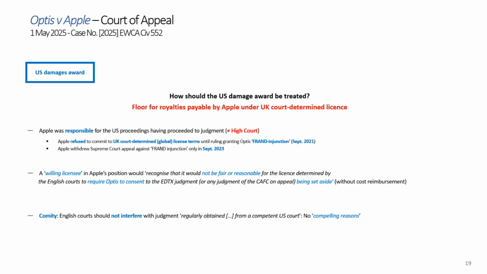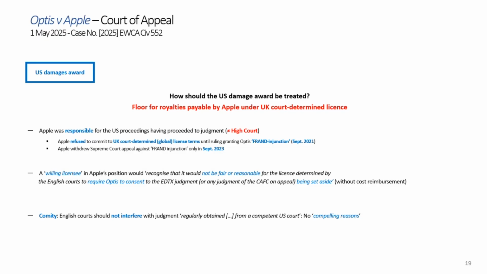This was almost 2.5 years after the proceeding started. And not only that, it had appealed against this decision and had basically kept its options open until it withdrew the appeal against the FRAND injunction judgment before the Supreme Court in September 2023.